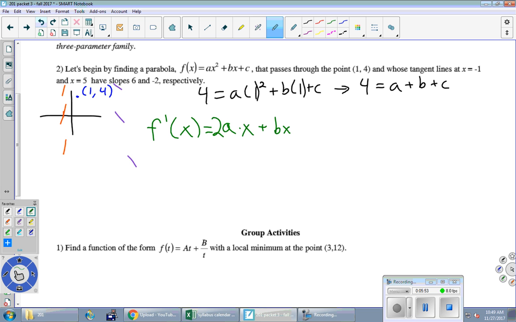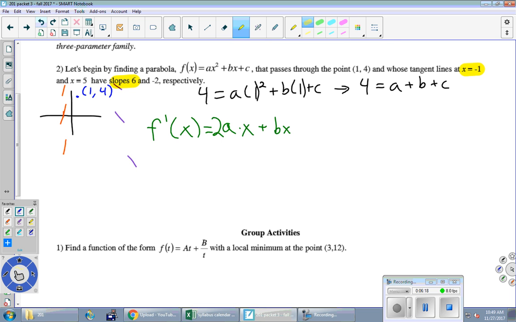And then it says, if you look at the tangent line at -1, the slope is 6. What am I going to do with my green thing here? f prime of -1 equals 6. That's it. If you plug -1 in for the x, the slope is 6, but that's the output for the derivative.